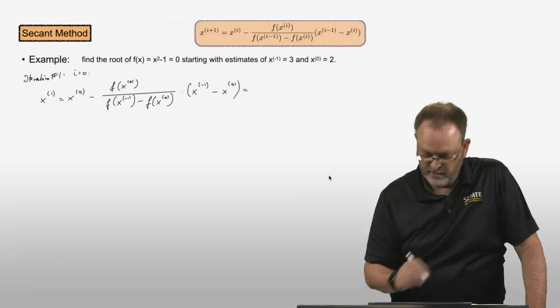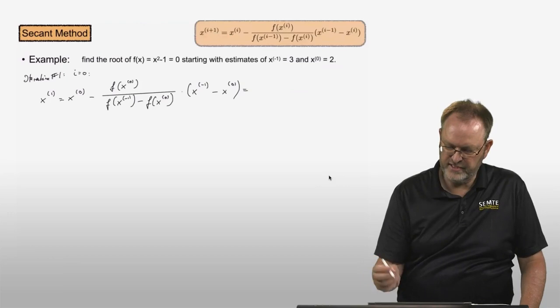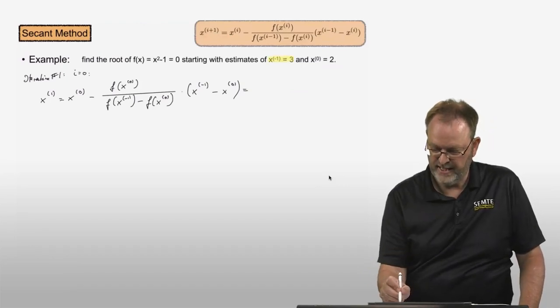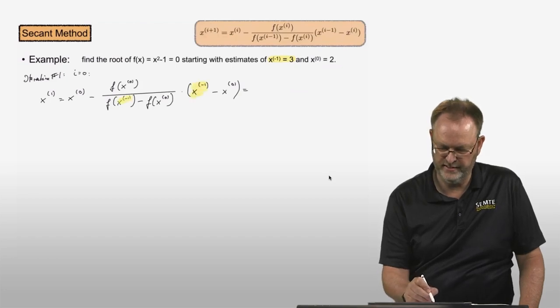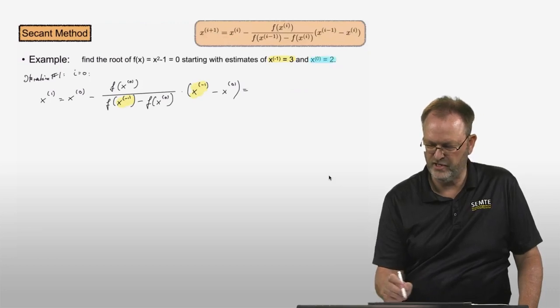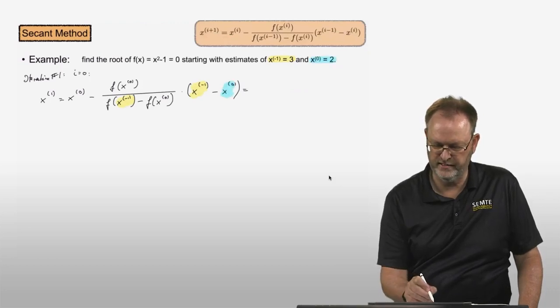Okay? So let's identify the values that we need. We have an x negative 1 that is 3, so that goes into here and here. And we have a value of x0 that is 2, that goes into here, here, and here.